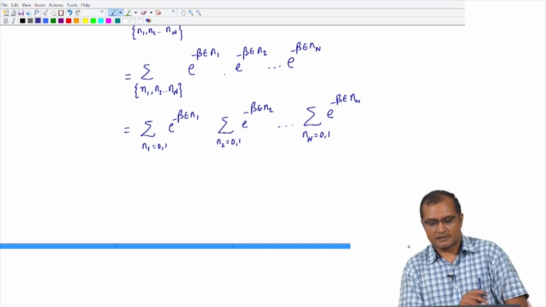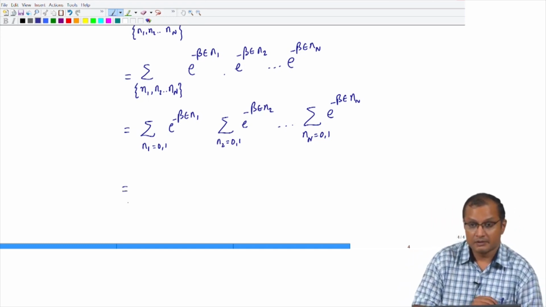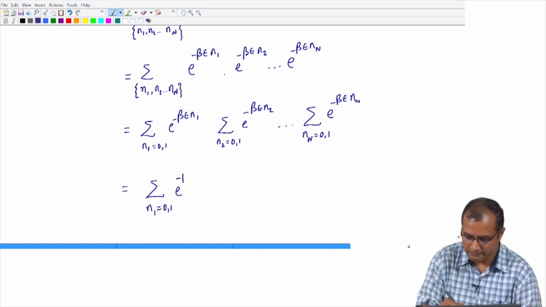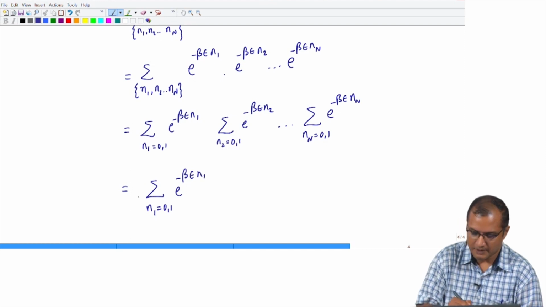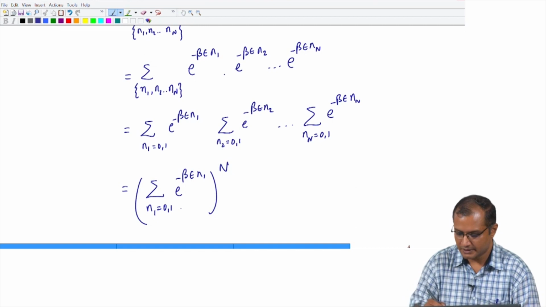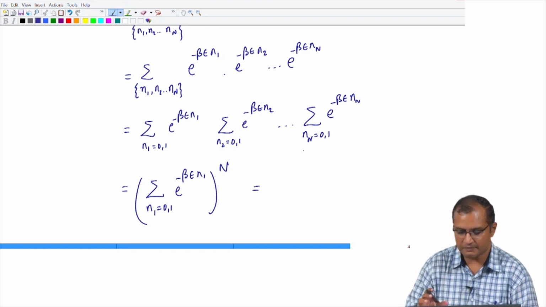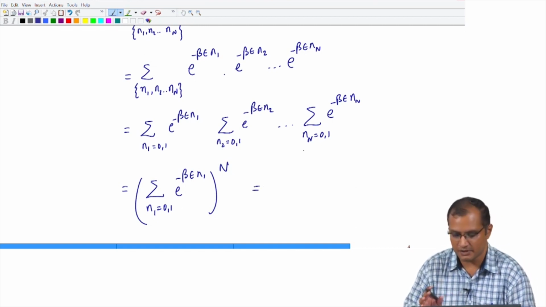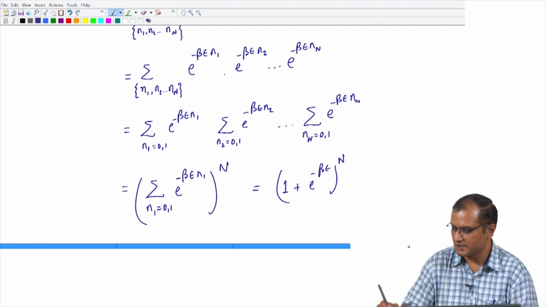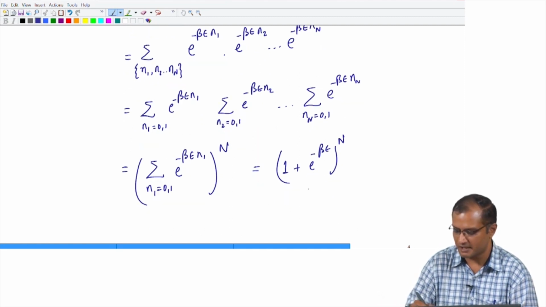Now, please look at these summations, they are all independent, which means I can simply take one of them and raise it to the power N. If I take the values of n1 as 0 and 1, this becomes 1 plus e raised to minus beta epsilon, the whole to the power N. That is my partition function, that simple.